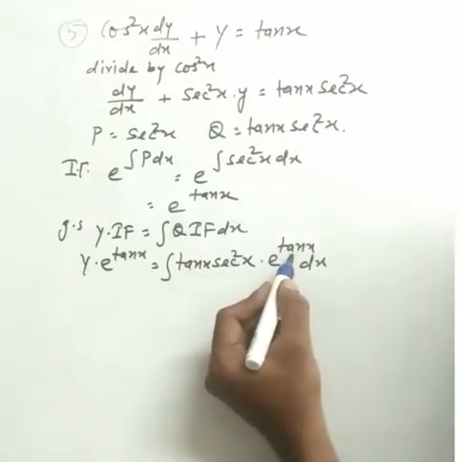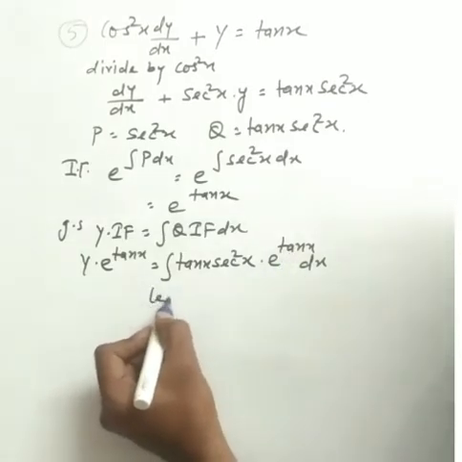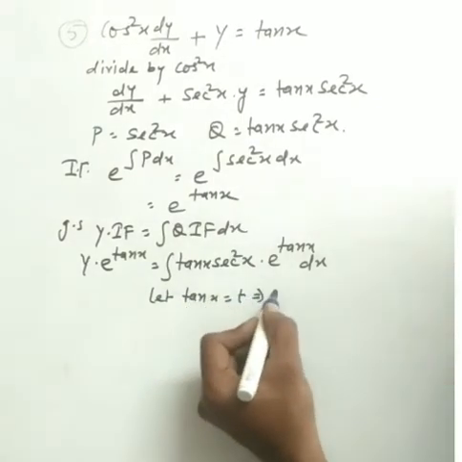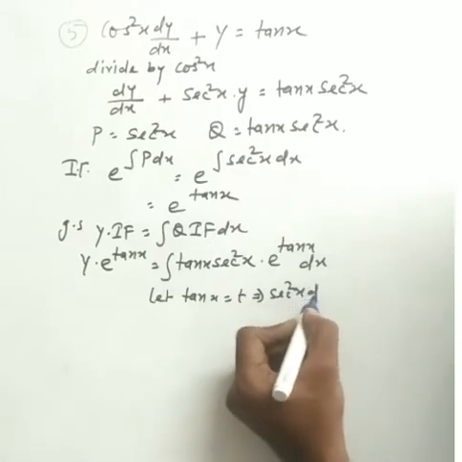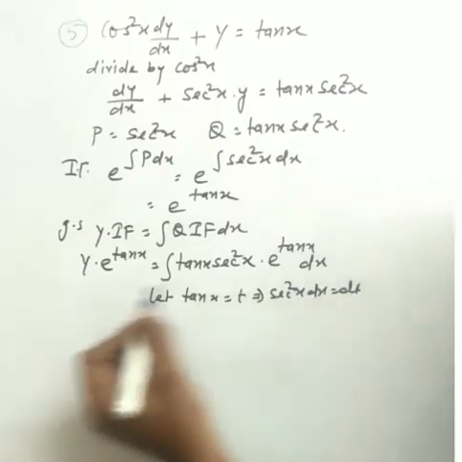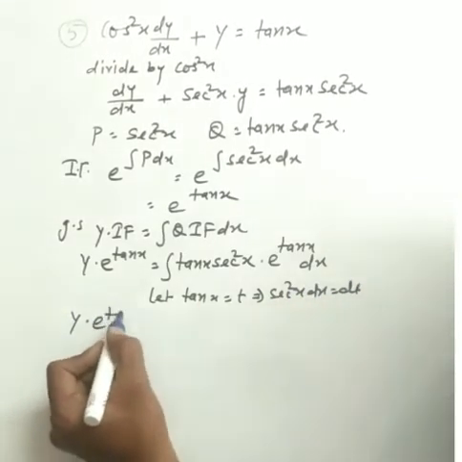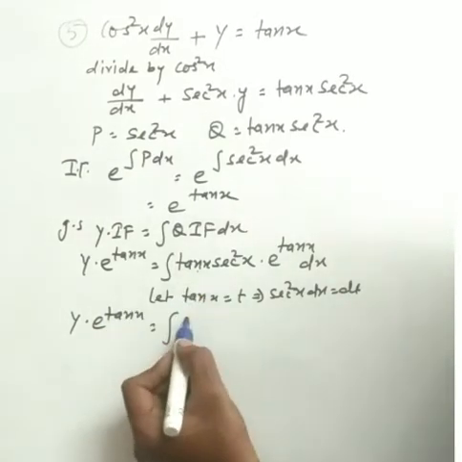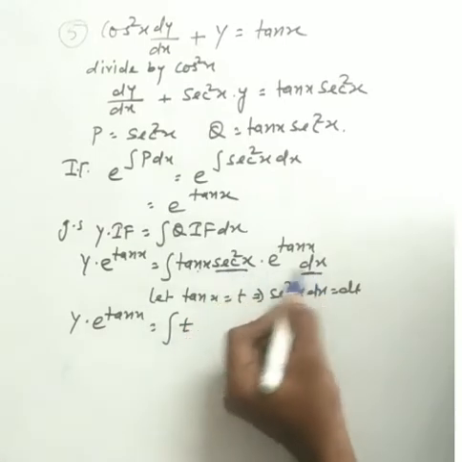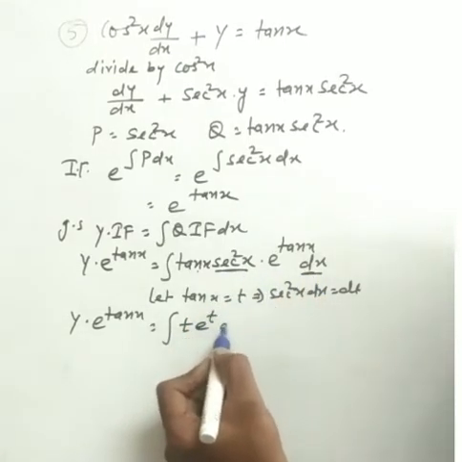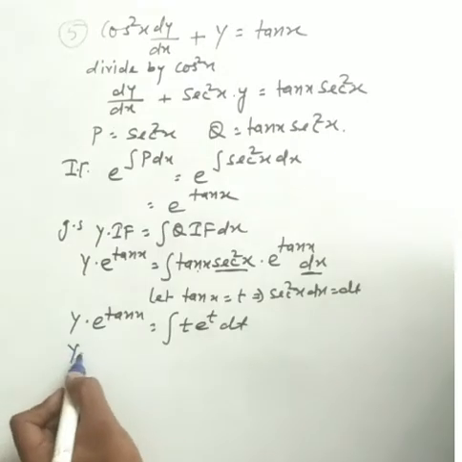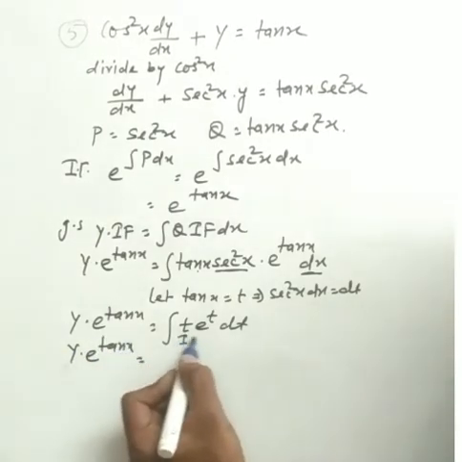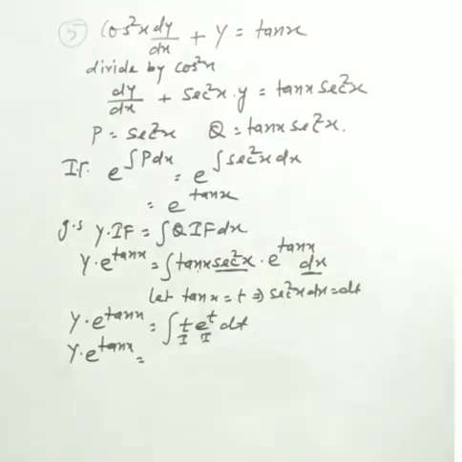Here we take tan x equal to t. Let tan x equal to t, then sec square x dx is dt. So y e to the power tan x equals integration of t e to the power t dt. This is the first function, this is the second function.